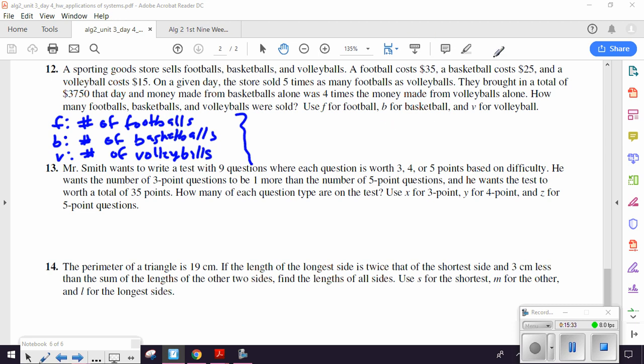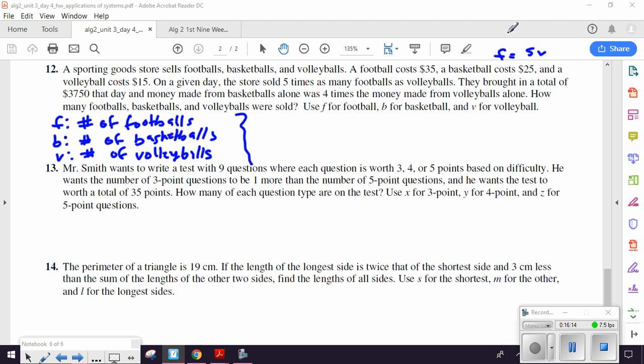So that means football is equal to 5 times volleyball. I know that for sure. It also says they brought in a total of 3750 on that day. On that specific day, the money made from basketball alone was 4 times the money made from volleyball alone.